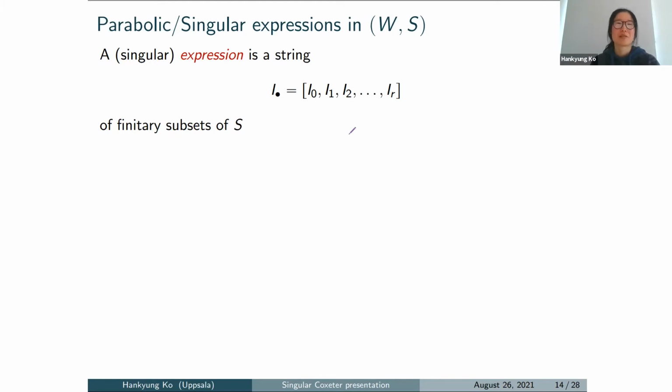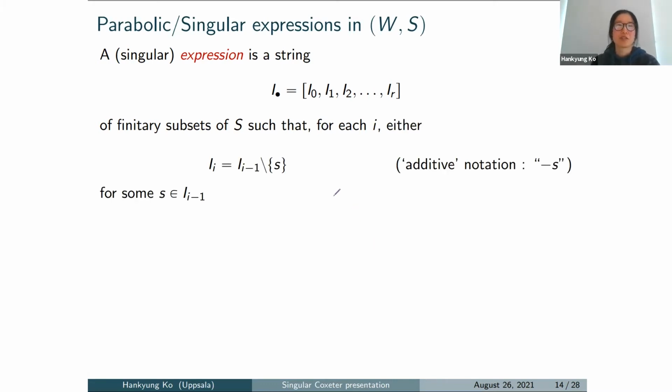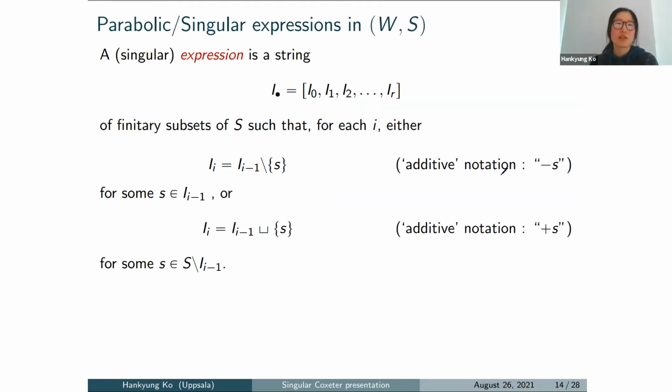So it's a string of finitary subsets of S, and either of two conditions should be satisfied for two subsets next to each other: either you remove one element from the previous step, which I write in notation as minus S, or you add an element that was not there before, which I write as plus S. In other words, every two subsets next to each other differ by one element everywhere. That's what an expression is.